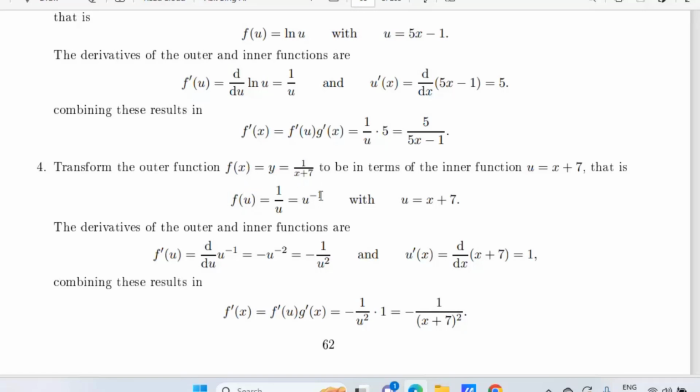Now the derivative of f of x, which was given to us as y equals to 1 over x plus 7, is given by the derivative of f with respect to u multiplied by the derivative of g of x.